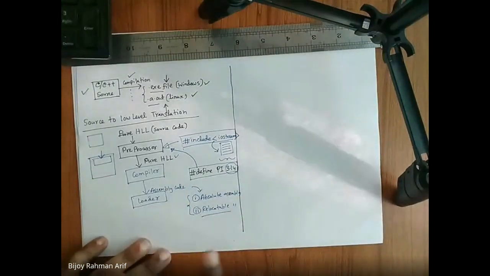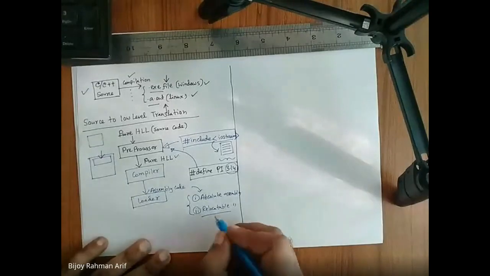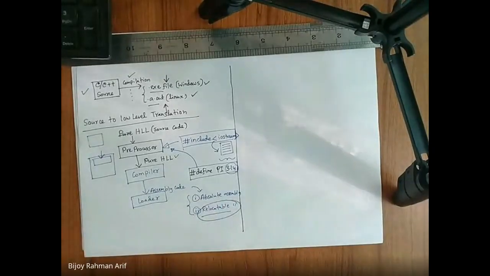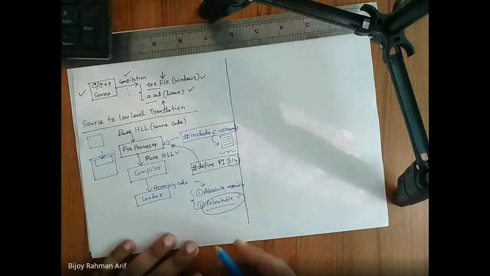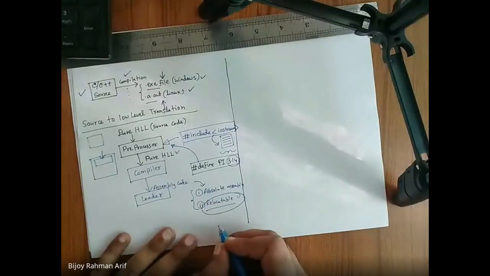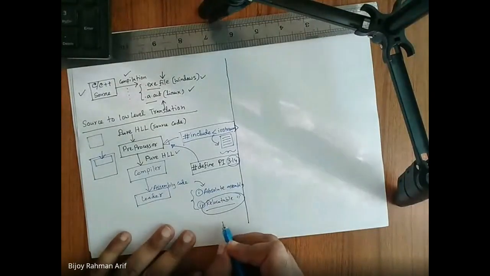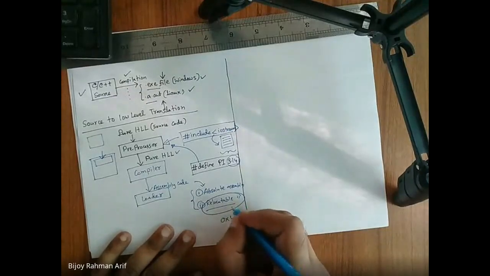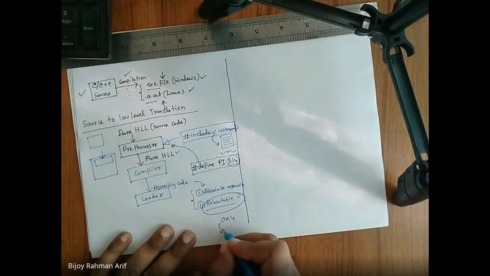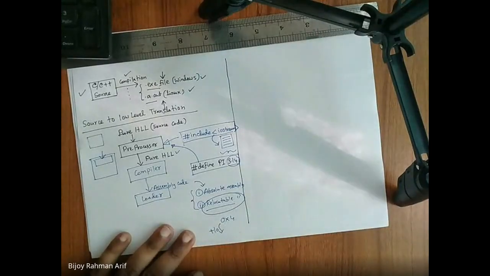But modern executables use relocatable assembly. So what is relocatable assembly? Instead of providing the absolute address, it gives some sort of relative address. Relative address is something like this: if you add something in here, 0x4, then please put my assembly code 10 places after, plus 10, which is also called offset.